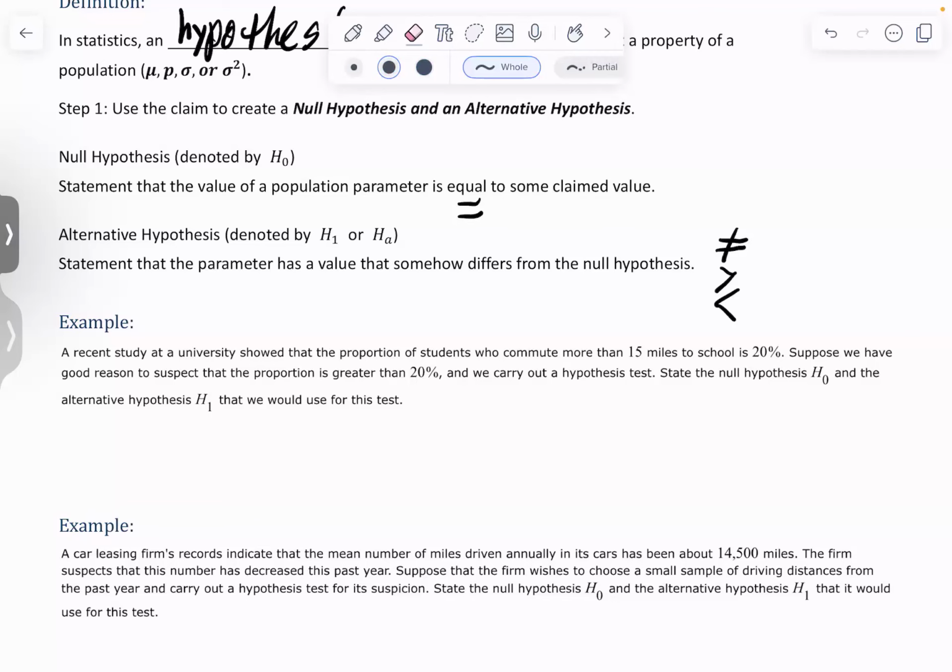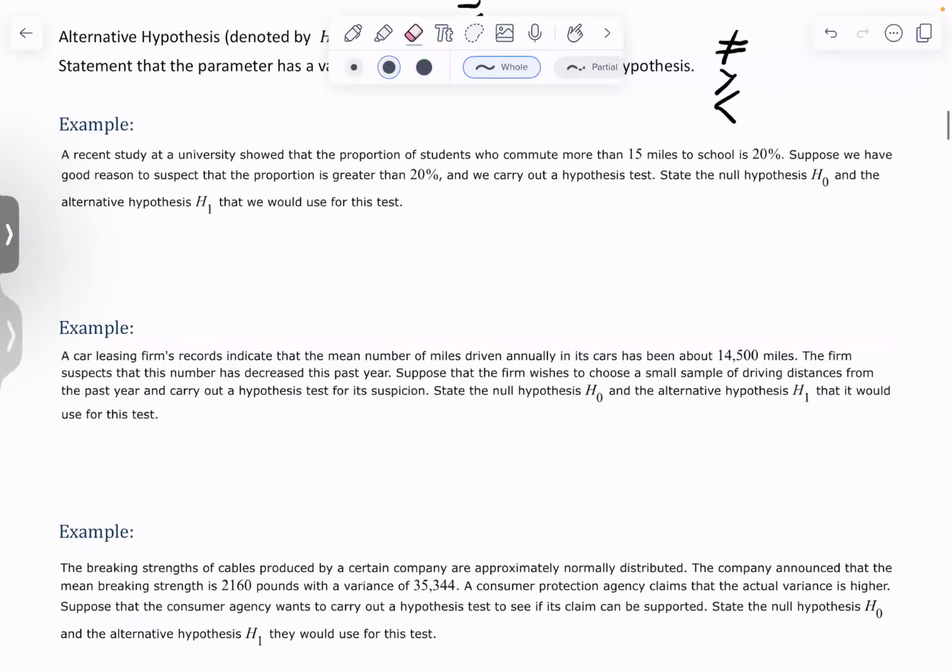So let's dig out our null and alternative hypothesis for this example. A recent study at a university showed that the proportion of students who commute more than 15 miles to school is 20%. Suppose we have good reason to suspect that the proportion is greater than 20%, and we carry out a hypothesis test. All right, so here we go.